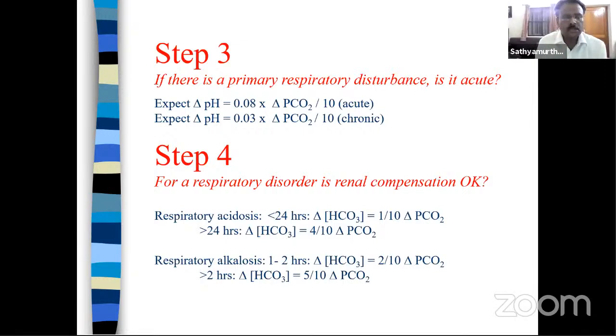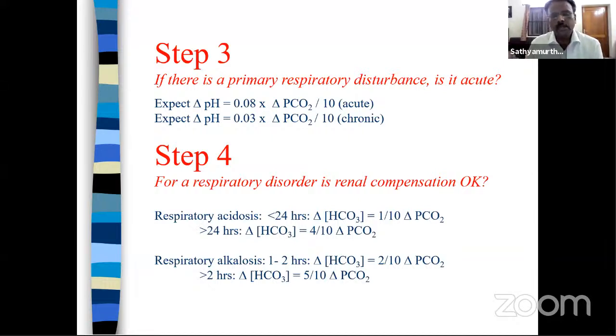What is the expected pH if it's acute? Acute means less than 24 hours. In acute, it is 0.08 into delta PCO2 divided by 10. Suppose your PCO2 is 50. The change in PCO2 is 50 minus 40, that is 10.